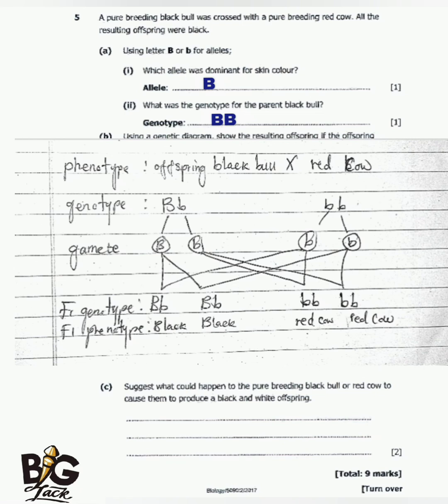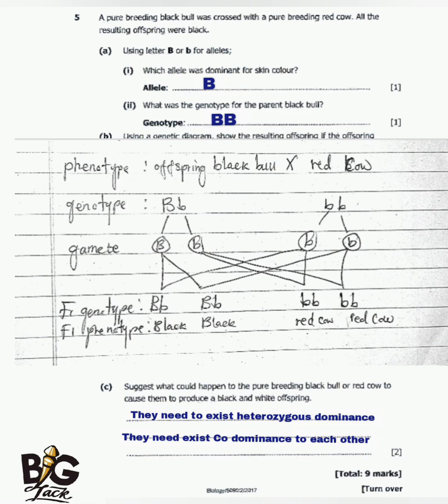So the last one, which is C, is saying, suggest what could happen to the pure breeding black bull or red cow to cause them to produce a black and white offspring. For them to produce black and white offspring, they need to exist codominance to each other.